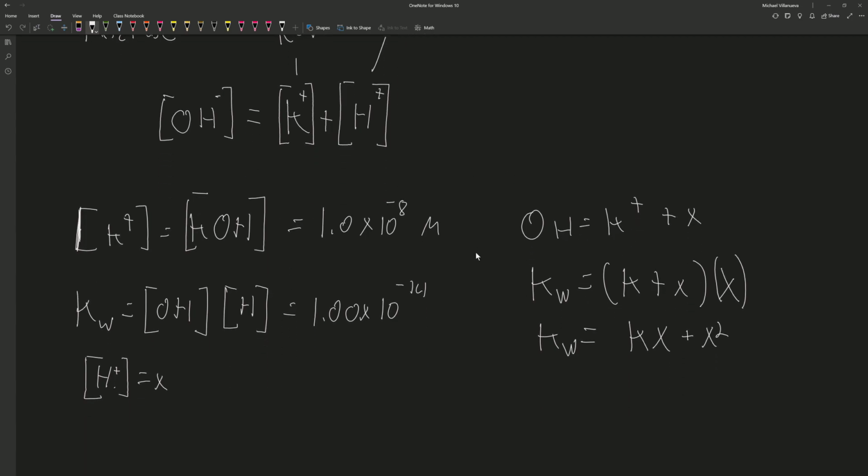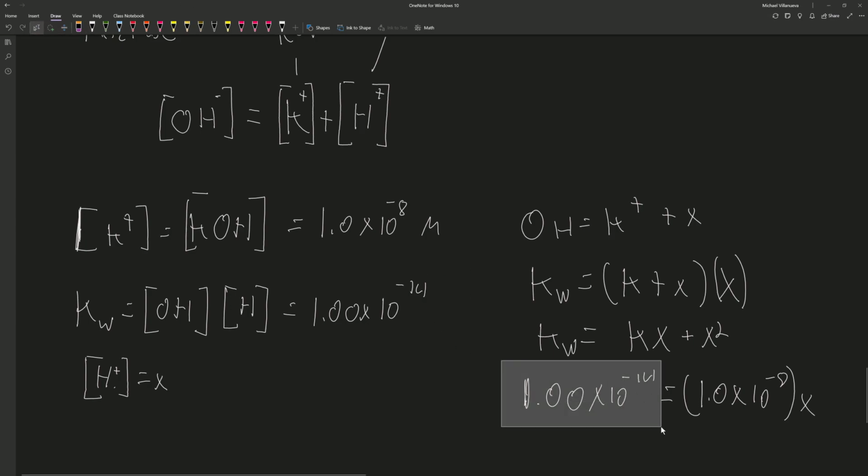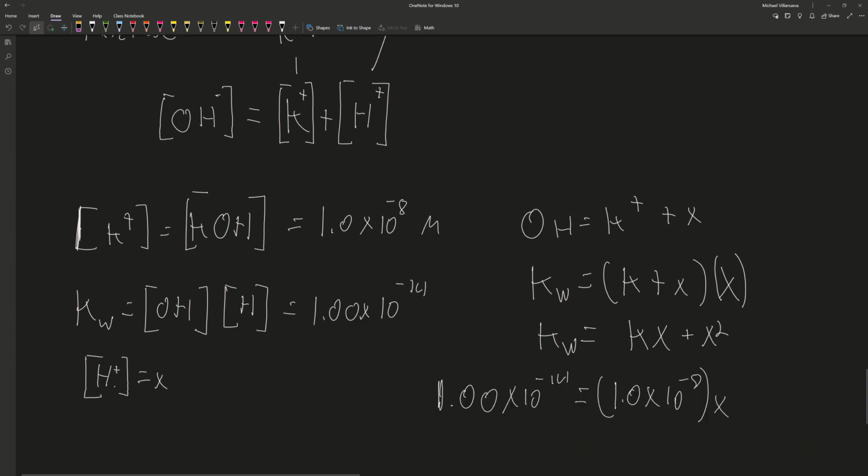And we could say that 1.00 times 10 to the negative 14th is equal to 1.0 times 10 to the negative 8 times x plus x squared. So here is our equation where we have our x's.